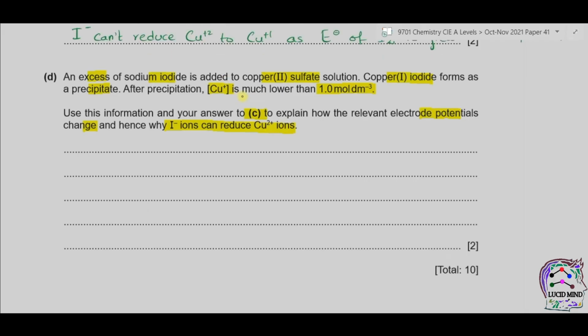Again, writing the equation for copper plus 2, according to the data booklet, the electrode potential value was 0.15 volts.